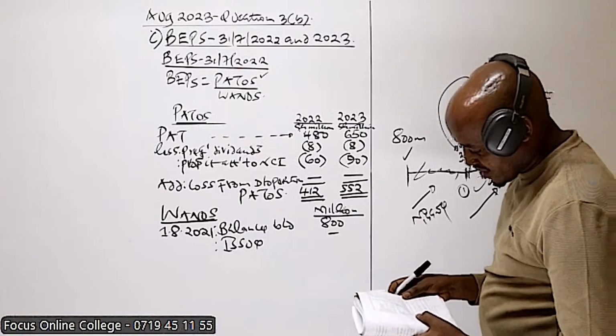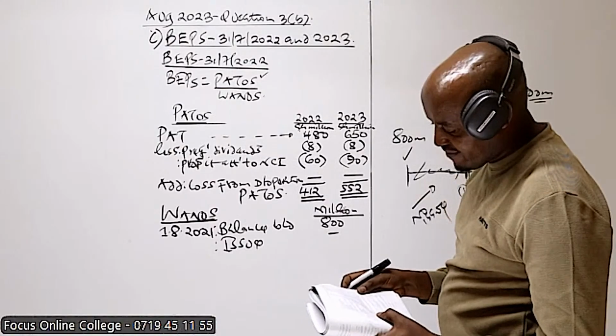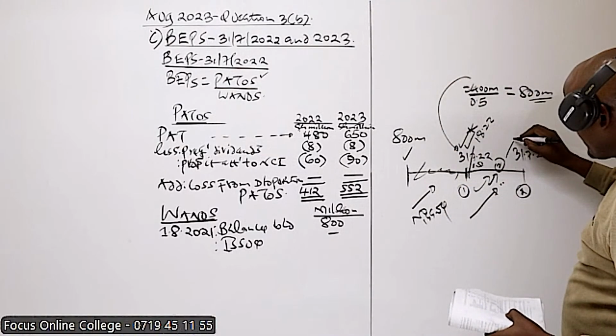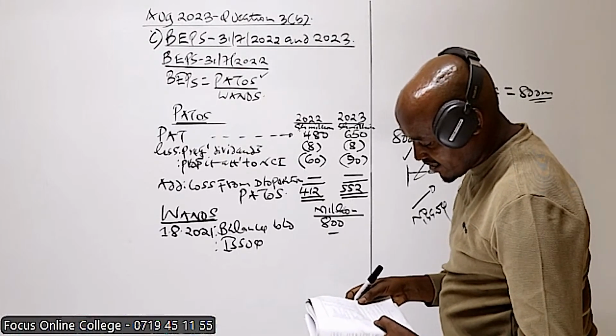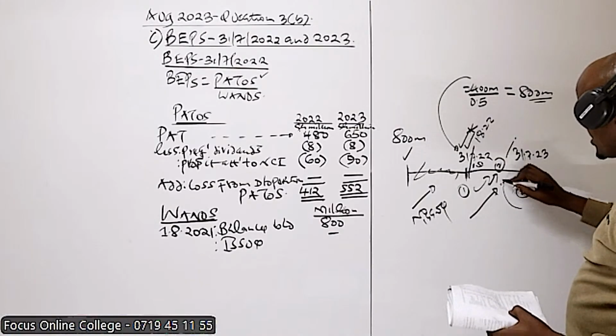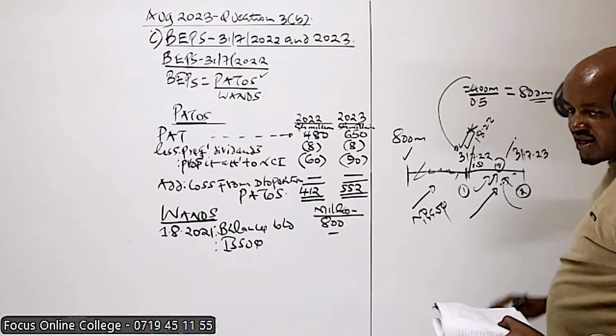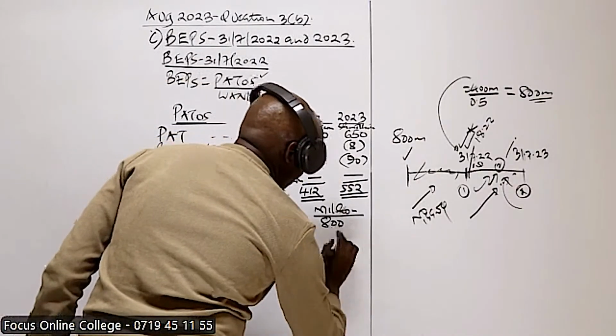Number 2, I think, is a rights issue, made on 1st February 2023, which is within the second year. Number 3, on 31st July 2023, the company made a bonus issue, still a transaction for the second year. So during this year, 2022, no shares were issued.